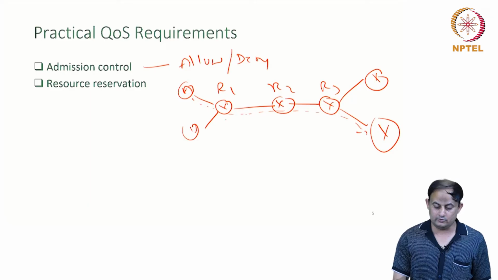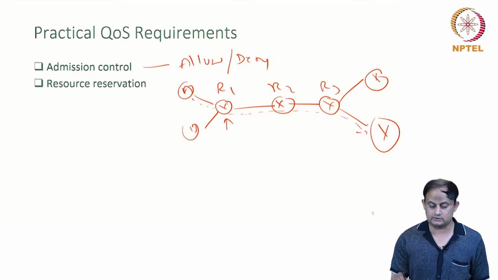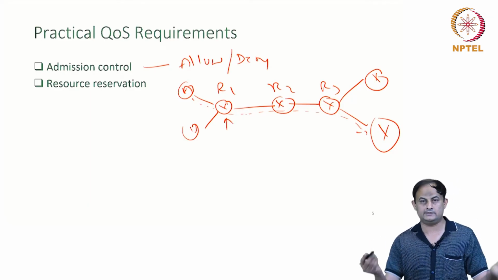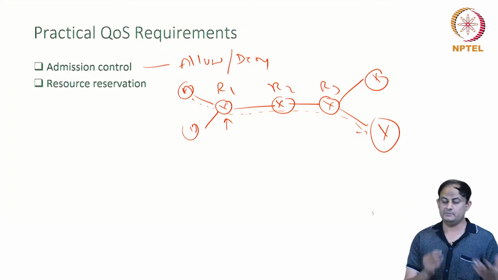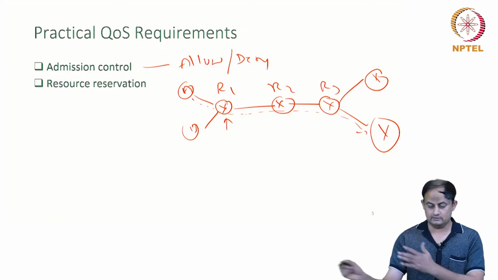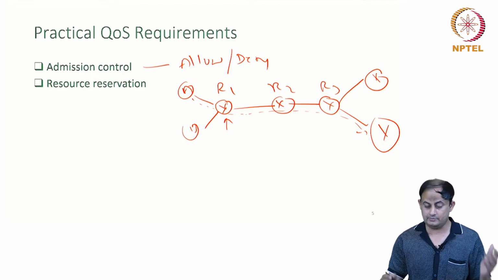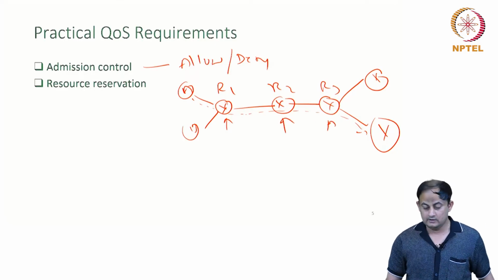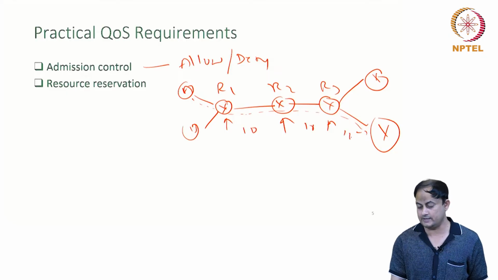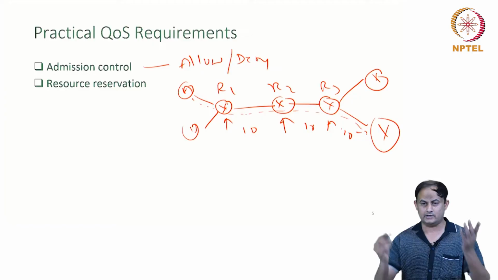So I want to ensure that R1 reserves some amount of resources. When I say resources, it could be the memory, it could be the other power, whatever is there. So I want to reserve the bandwidth. So let's say all of them have uniform bandwidth, maybe some 10 units of bandwidth. It might be Mbps, Gbps, or whatever you want to take.